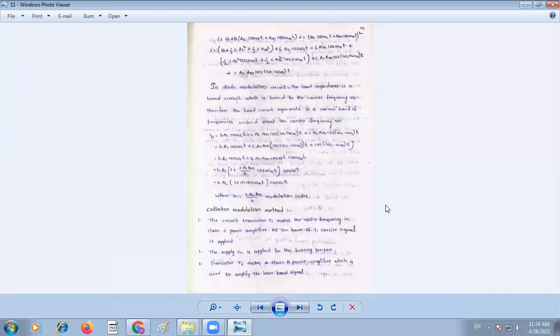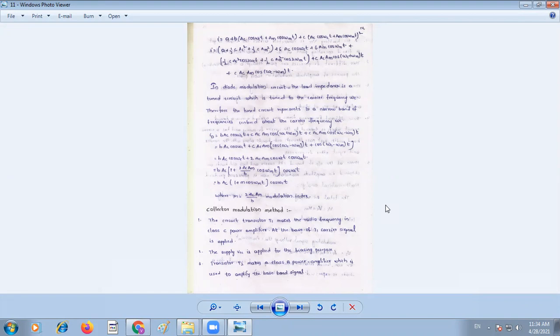There is a formula: PT is equal to PC into (1 plus m squared by 2), where m is the modulation index. Please note that the total power PT is equal to carrier power PC into 1 plus m squared by 2.